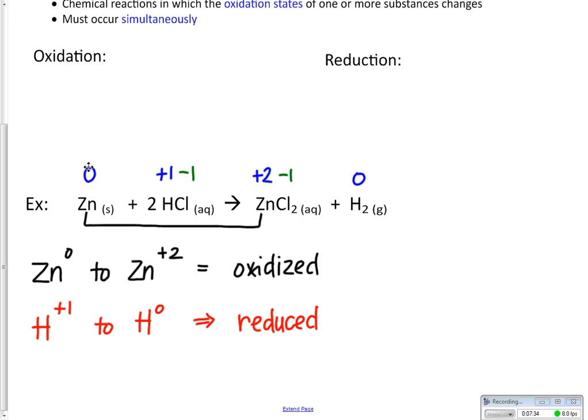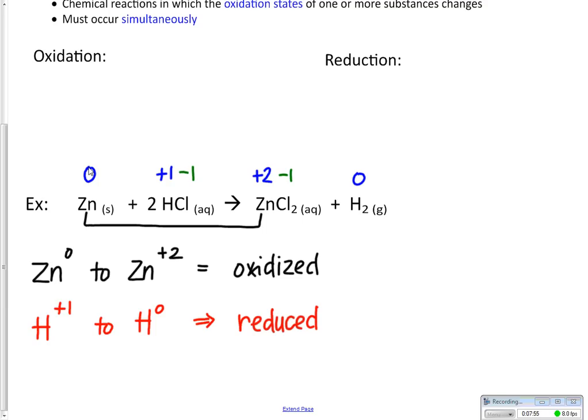So the way to identify what was oxidized and what's reduced is by looking at individual oxidation states, or charges, as you guys are used to calling them. Now, since these things have to happen together, the element zinc was oxidized, but it can't lose electrons unless hydrogen is there to take them.